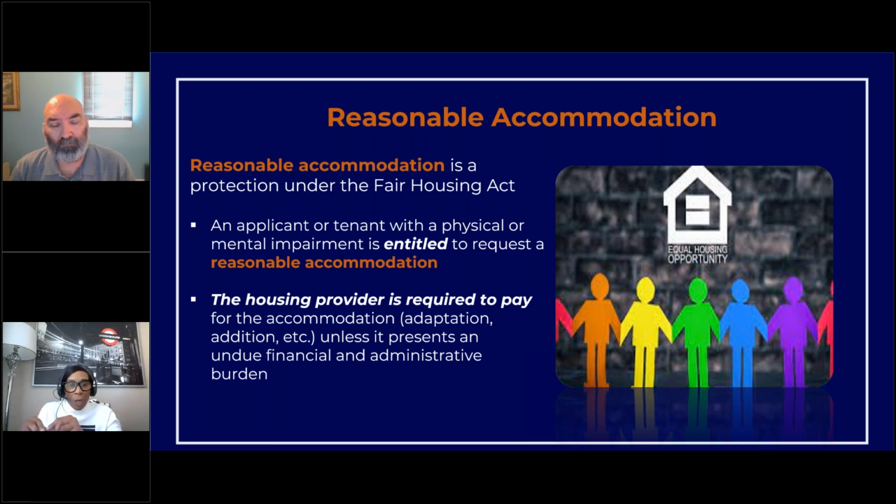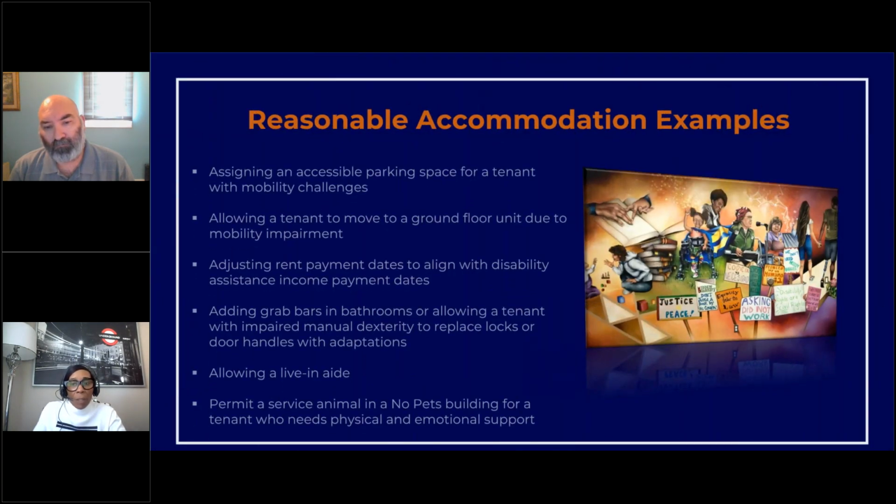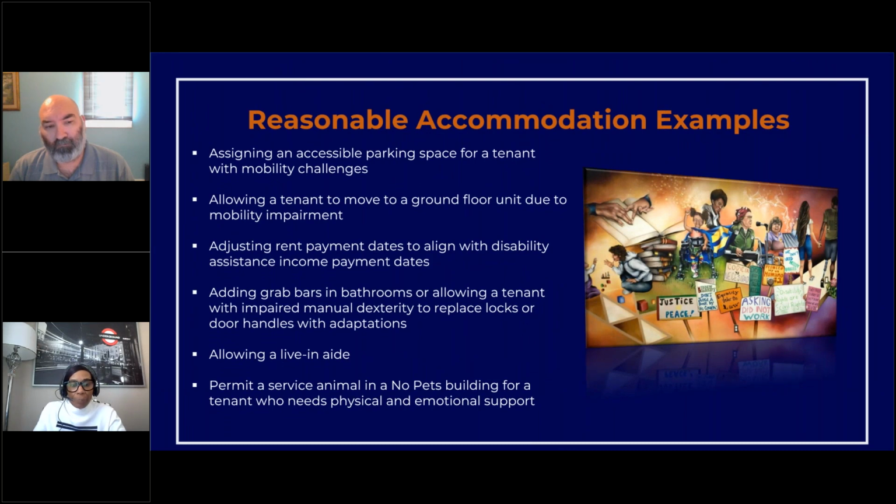But again, when you're talking about making a modification to a unit, if it's going to be an undue hardship to the housing provider, they can deny it. But we'll talk a little bit about that. And I'm going to give some examples of what reasonable accommodations you can ask for.